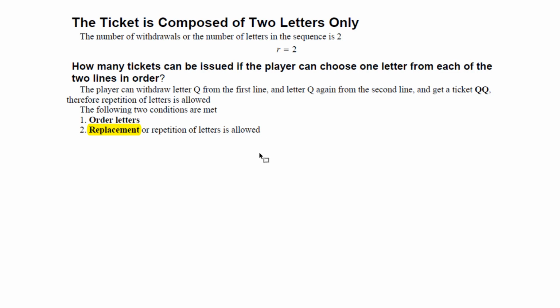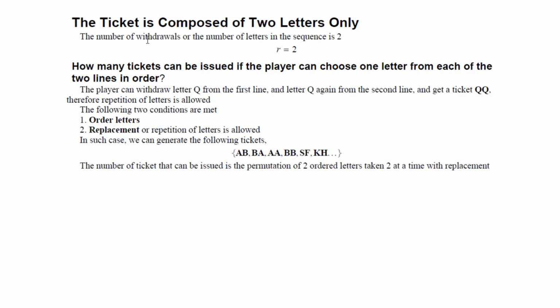So in such case, we may get tickets or sequences such as AB, where no letter is repeated, and AA, where the same letter is repeated twice. So now we can apply the permutation formula with replacement here.